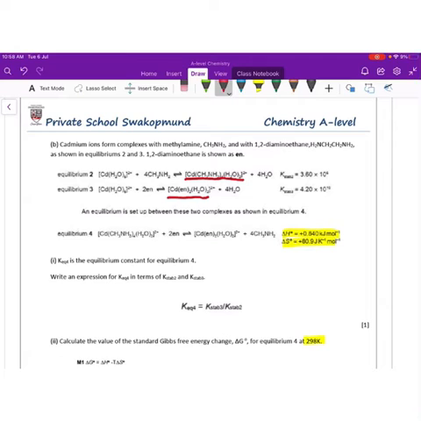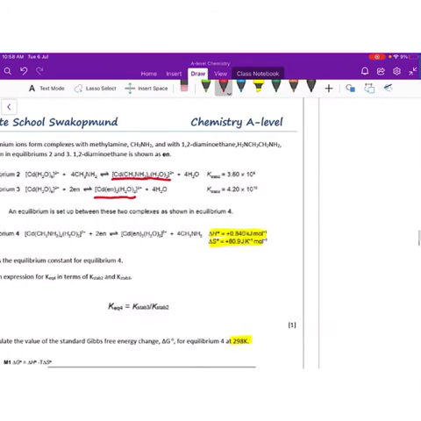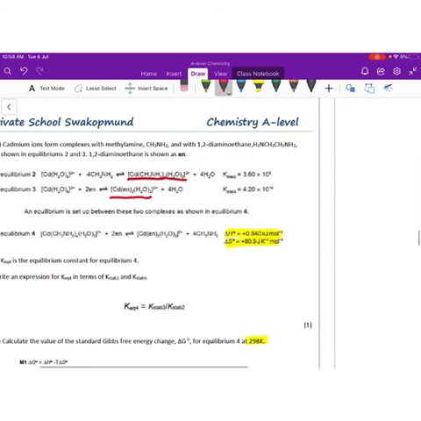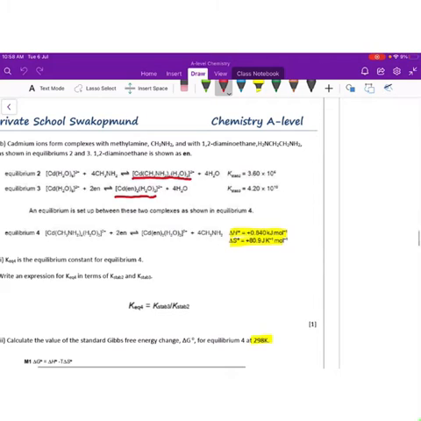Right? So let's quickly do the following. We need to rewrite these equations actually. So we need to turn the first equilibrium around. If we turn that around, you will see the following. That cancels out, and also my waters cancel out.